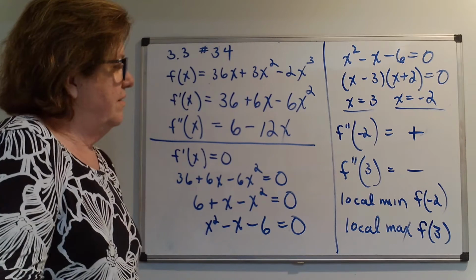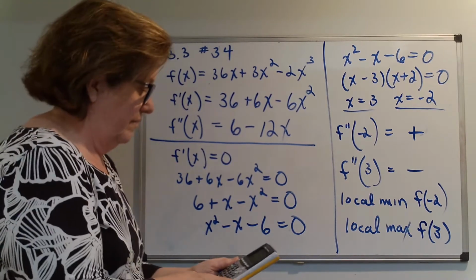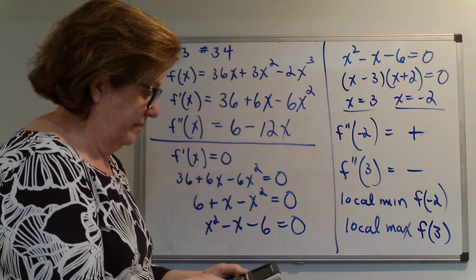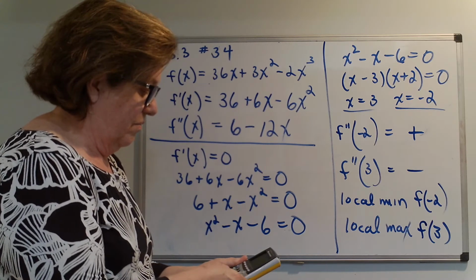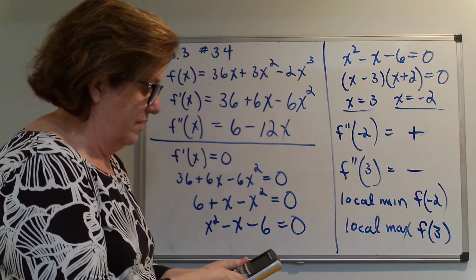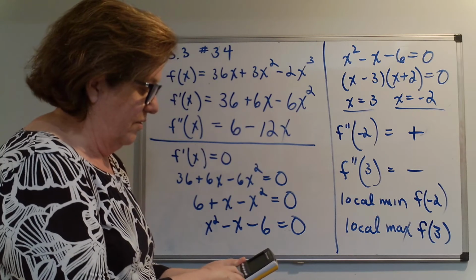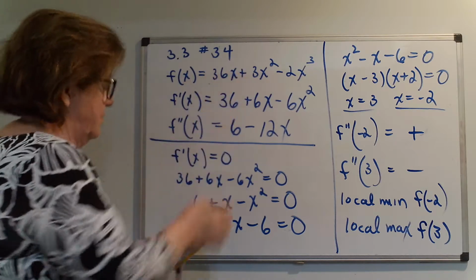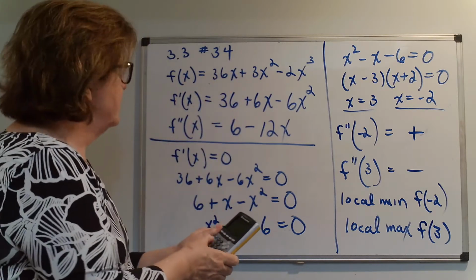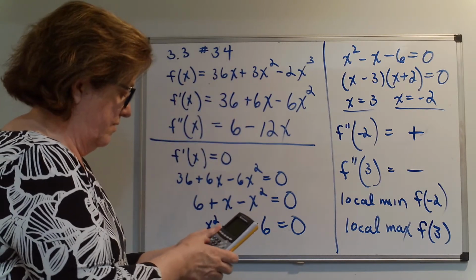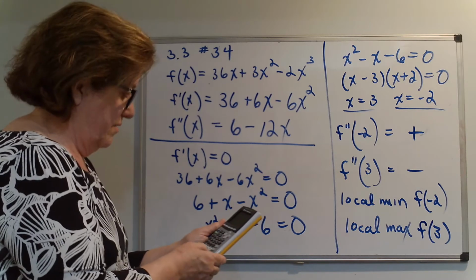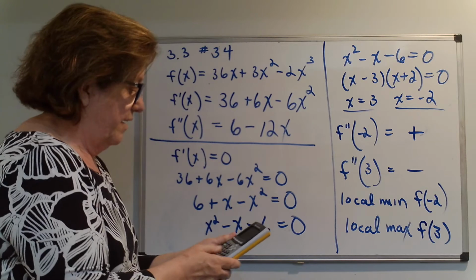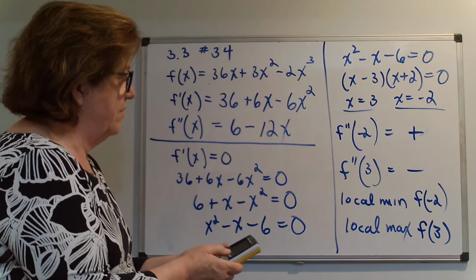So let me get those. I'm going to put them into my calculator. I put this function in there, 36x plus 3x squared minus 2x cubed, and just put in those values.